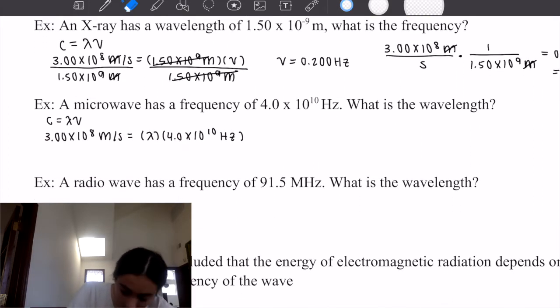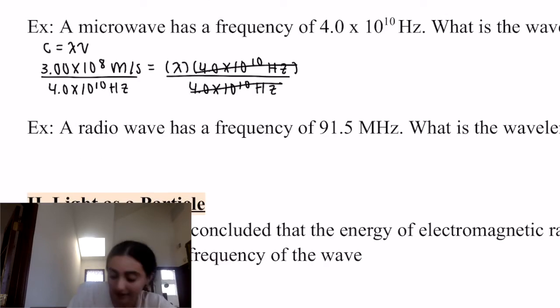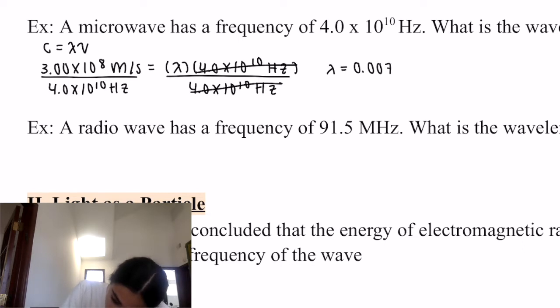And then you will divide both sides. These numbers cancel out. And then we divide 3 times 10 to the 8th divided by 4 times 10 to the 10th. We get 0.0075 meters for the wavelength.